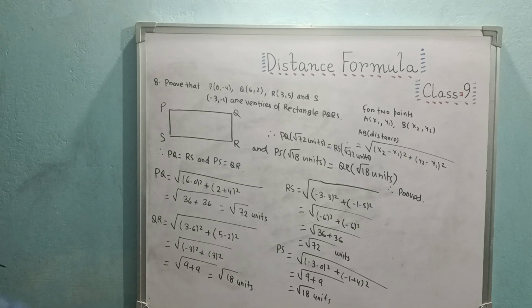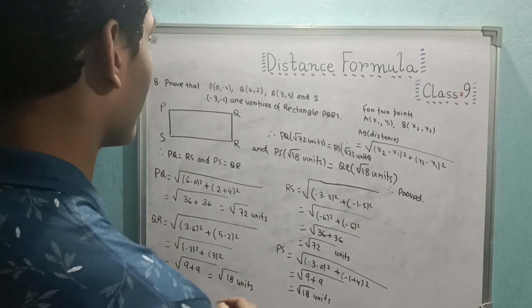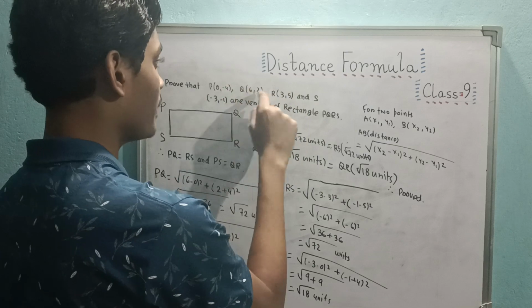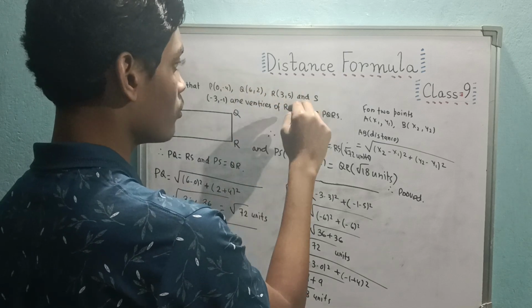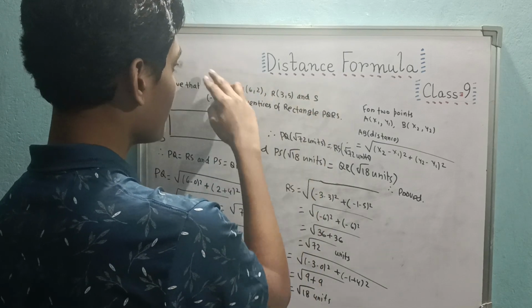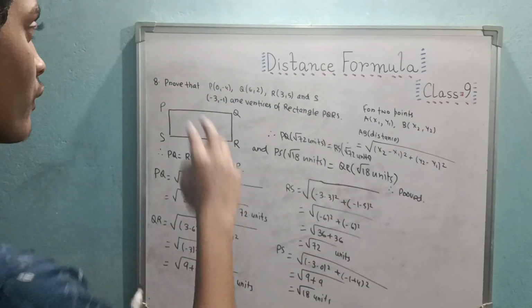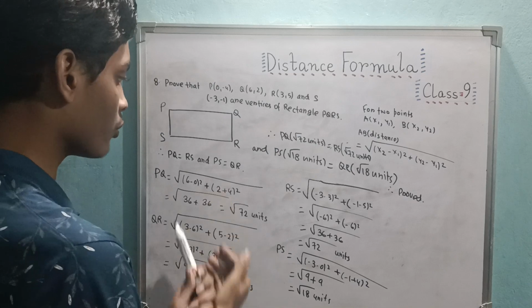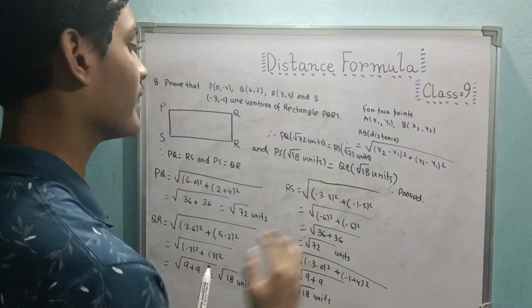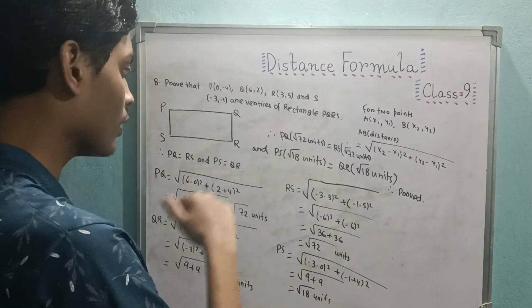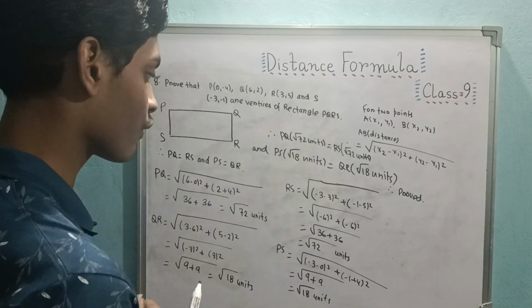So in each of the cases, for finding the lengths of the line segments, you are having 2 points. For PQ, these two, QR, these two, RS, these two, PS also the 2 points. Consider x1, y1, x2, y2. You can substitute the values, and you will be getting these answers only, the lengths of PQ, QR, RS, PS by using the distance formula.